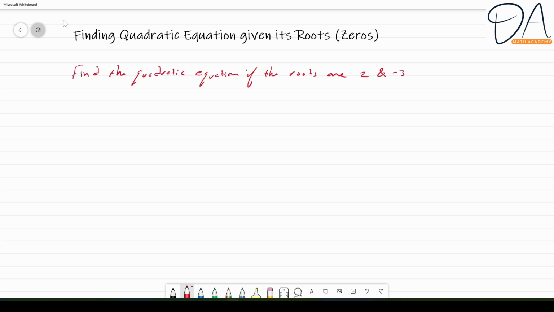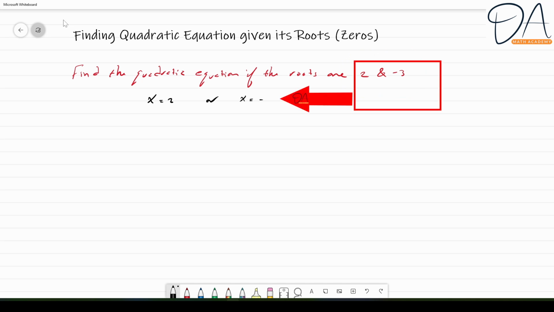Okay, so first we'll start with an example to illustrate the general method to find the roots. Here we have two roots, 2 and minus 3. So what we know is the following, that x is equal to 2 or x is equal to minus 3. These are the roots.